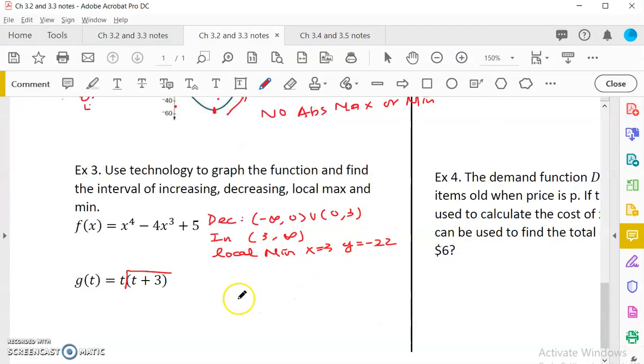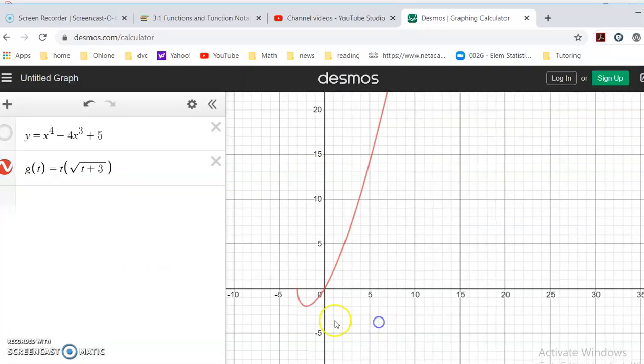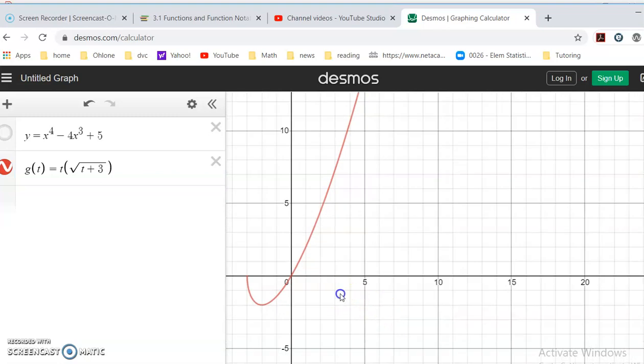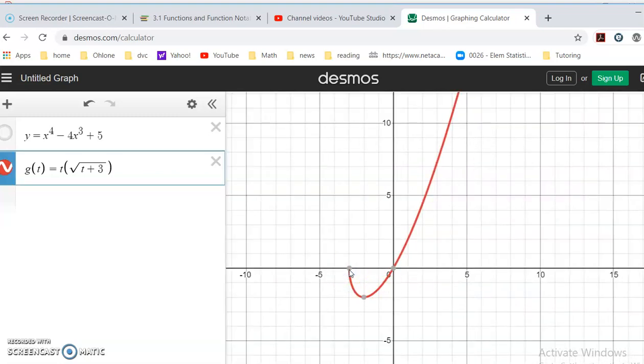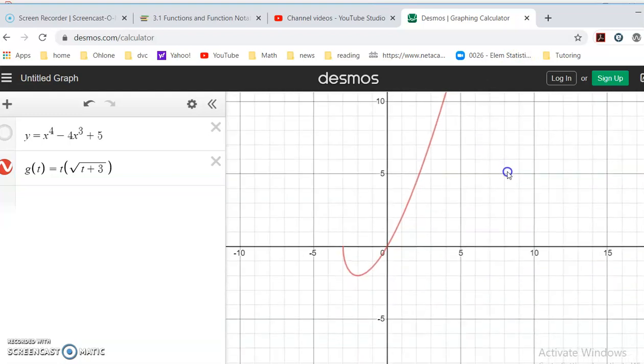So this is something like that. It starts at this place. So I'm just starting from here. It's going down to -2, and then just shoots up, right? So the down interval would be from -3 to -2. The up interval is from -2 up.